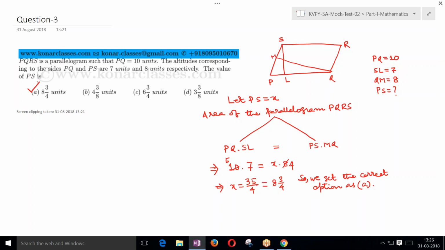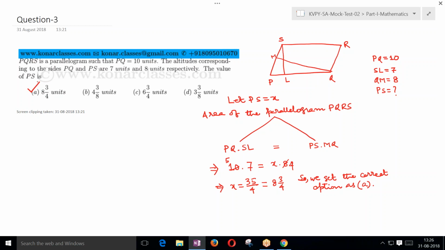Sir, are you indirectly using the property of similarity? No, we are not using the property of similarity. We are using the area of the parallelogram in different forms. Because SLP and QMP are similar, no, sir?